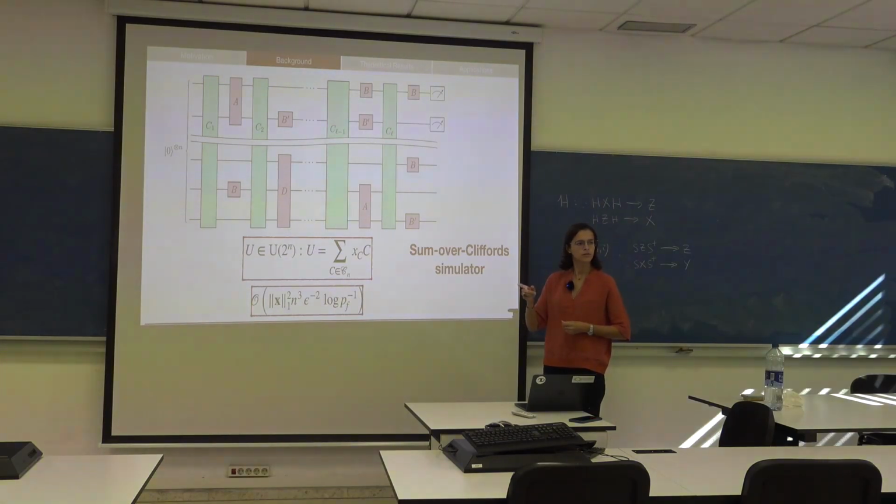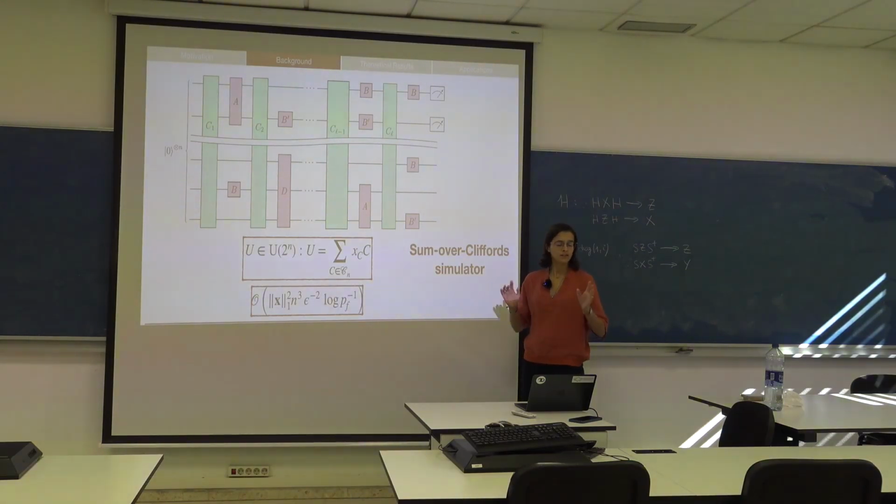If for every non-Clifford gate these coefficients were non-zero for all the Cliffords, this is bad, because your norm would be exponentially large. Right? So what the approach is looking for is exactly this: I decompose it cleverly in such a way that the number of terms in this decomposition is small, then I simulate a small number of circuits and then I put them together.